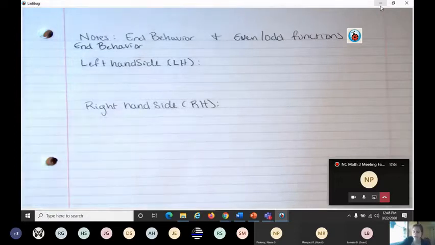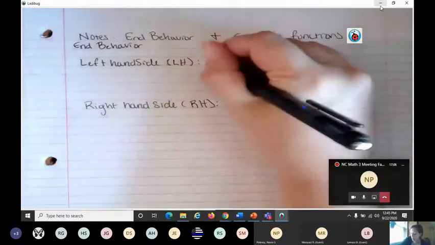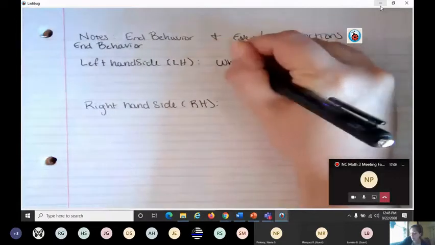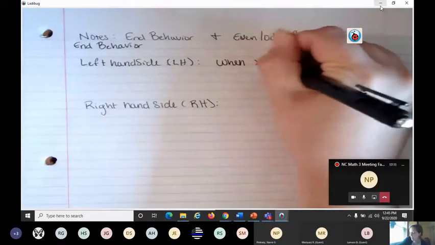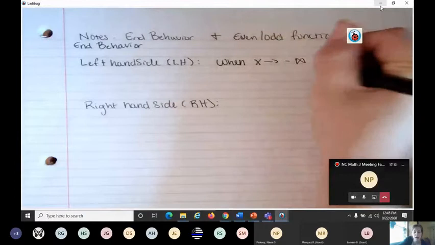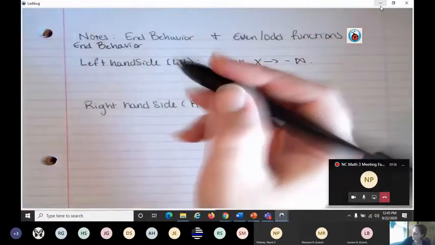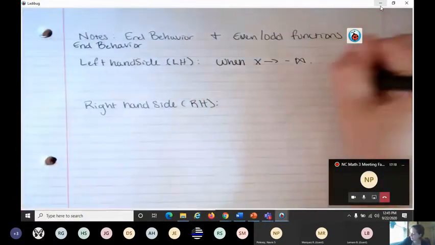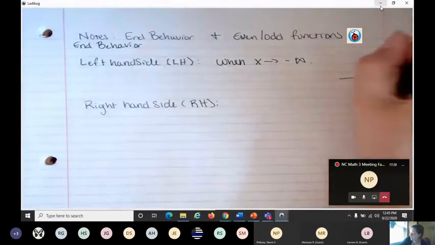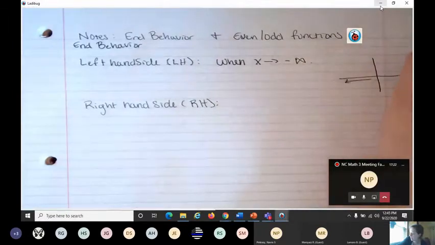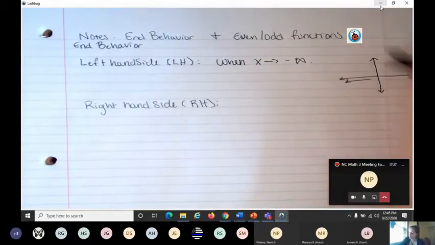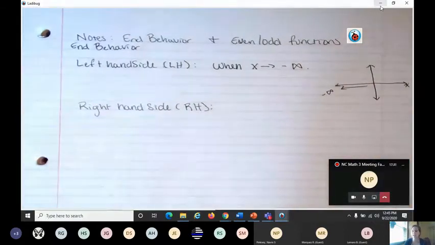And the left-hand side is going to be when the x's are going towards -infinity, okay? So if you were looking at a graph, your x's are on the x-axis, right? And the direction left goes towards -infinity. Okay, so when the x's are moving towards the -infinity, it's going to be our left-hand side. It's also the left side of the function.